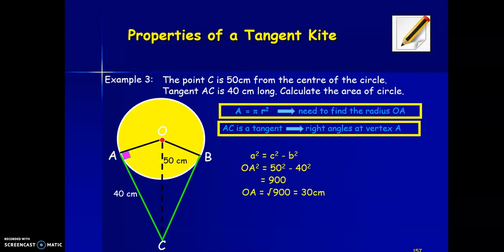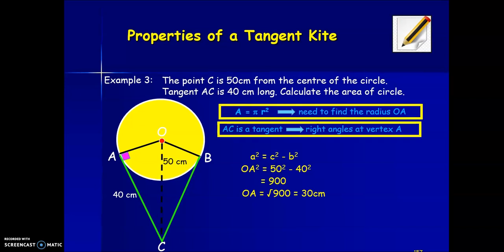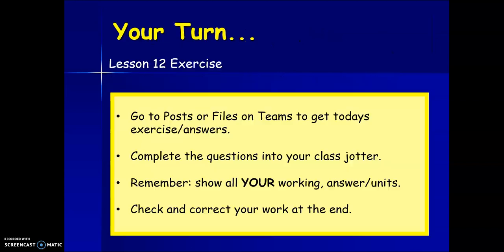So OA is the square root of this, which is 30 centimetres. Now we can use pi r squared to work out the area of the circle. Putting in our values, the area is pi times 30 squared, which is 2,827.4 square centimetres.